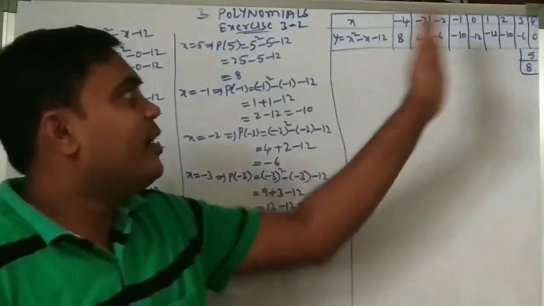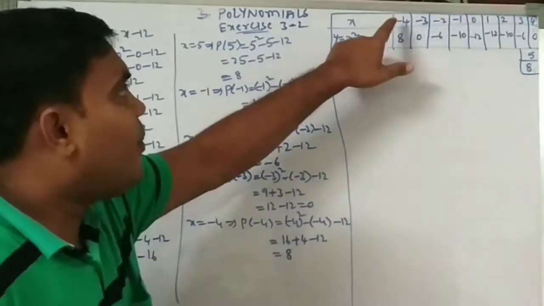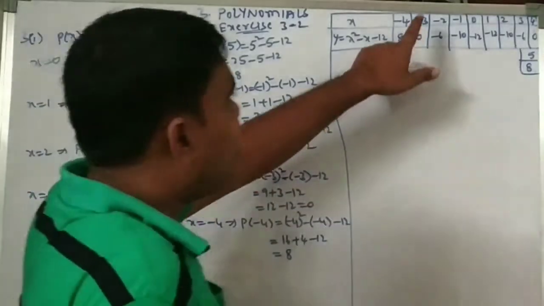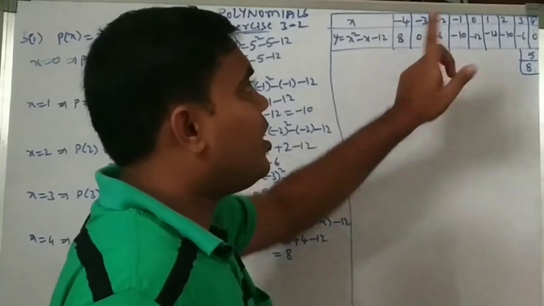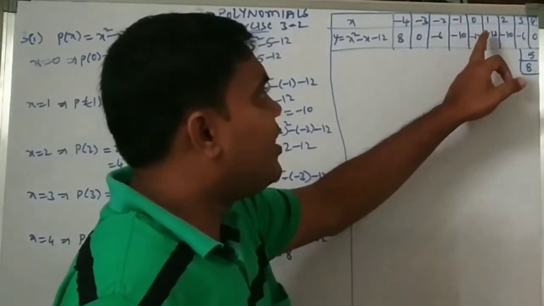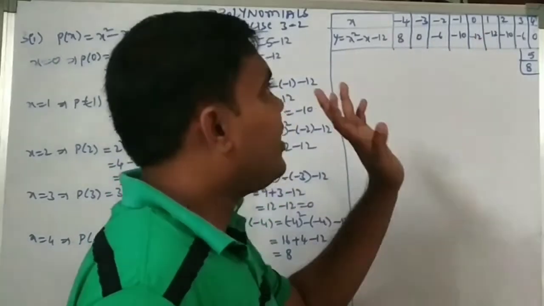This is the table. Now I want to take the points: minus 4 comma 8, minus 3 comma 0, minus 2 comma minus 6, minus 1 comma minus 10. The least value is minus 12, and the maximum value is 8.